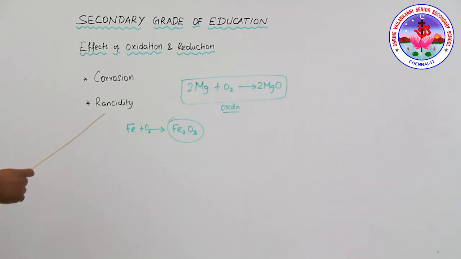Next is rancidity. When food articles like oil are kept for a long time, you may notice a bad smell. When fats or oils are oxidized, that is called rancidity.